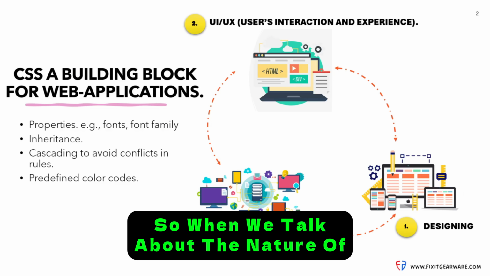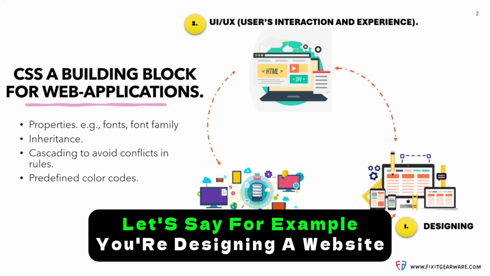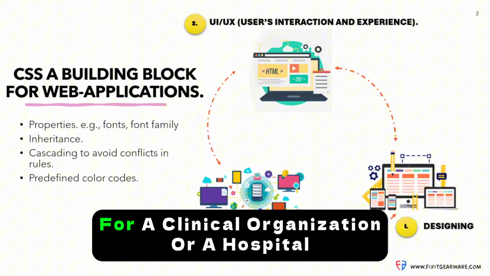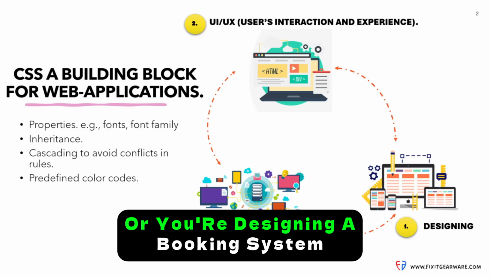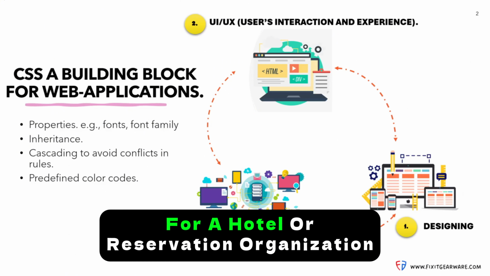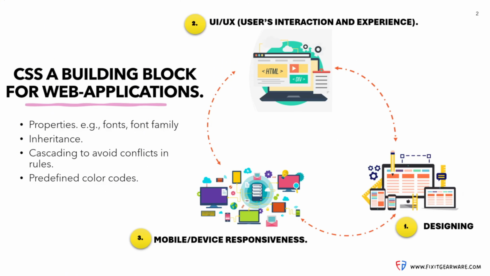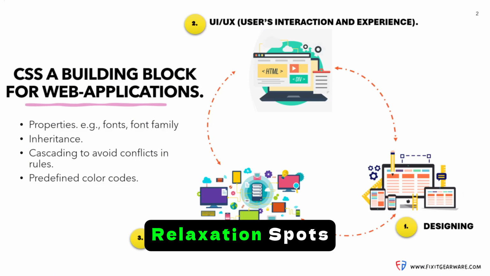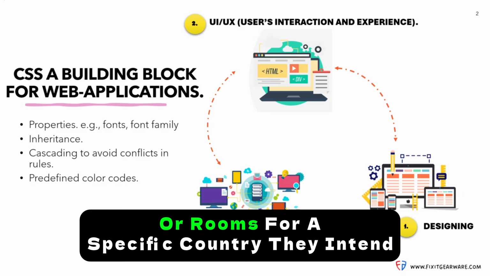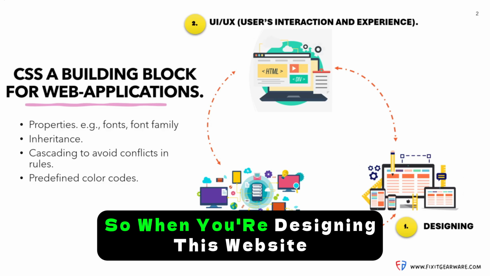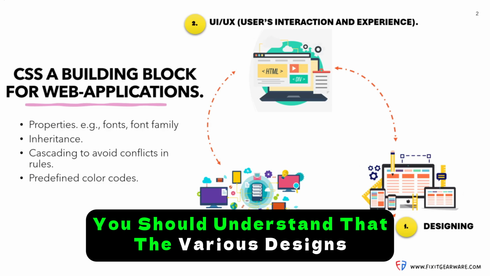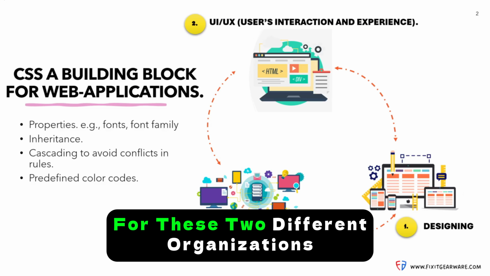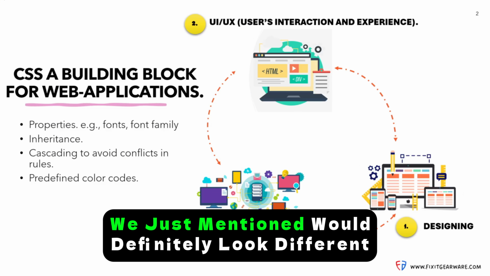Let's say, for example, you're designing a website for a clinical organization or a hospital, or you're designing a booking system for a hotel or reservation organization where people can register to reserve relaxation spots or rooms for a specific country they intend to visit. When you're designing this website, you should understand that the designs for these two different organizations would definitely look different.